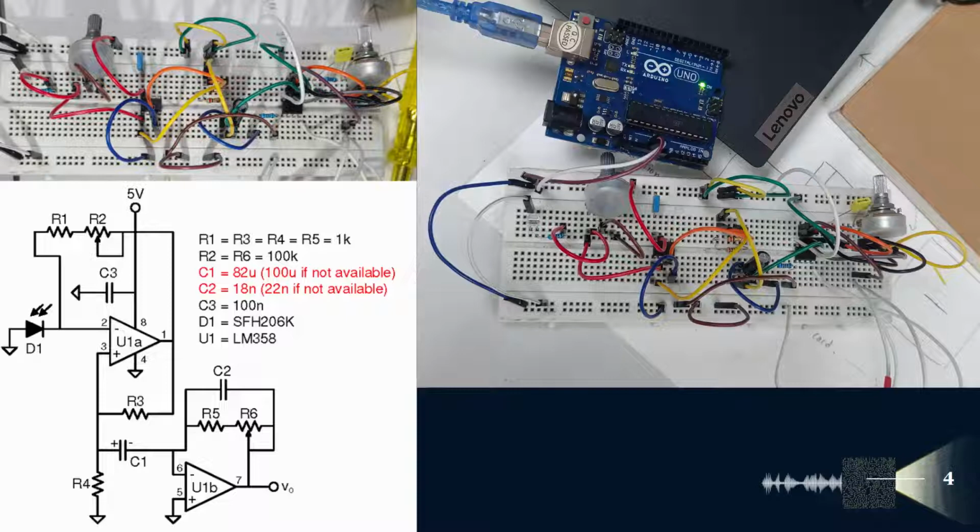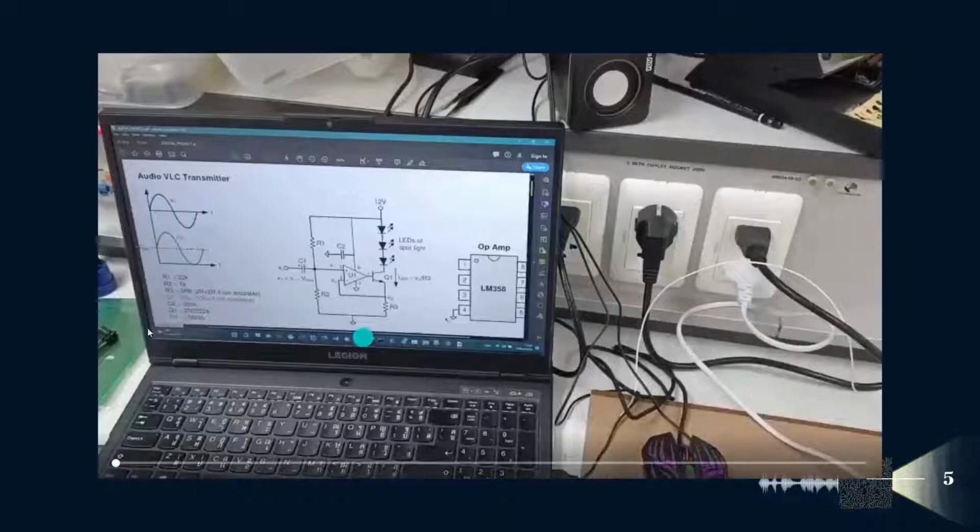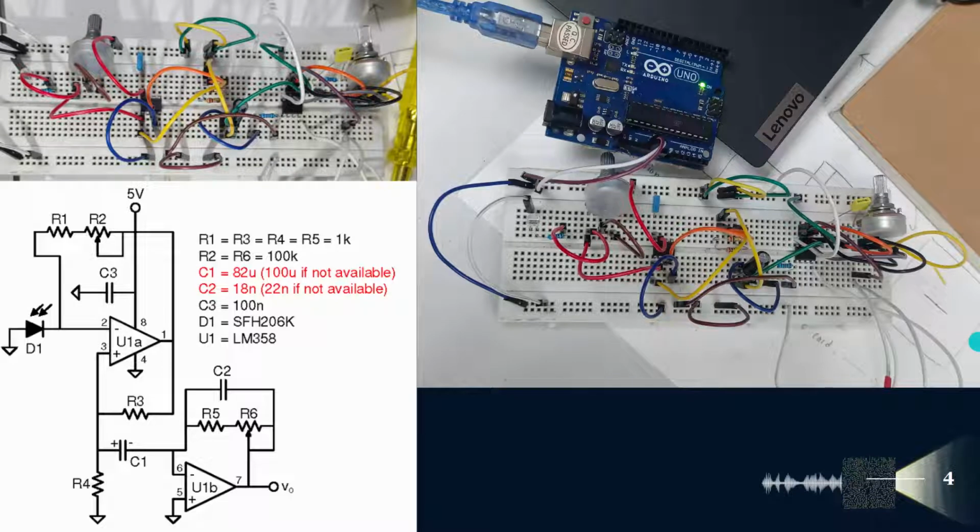In case the value of the internal capacitance of the op-amp is not available in its datasheet, it is prudent to set Cin equal to twice the value of the photodiode's capacitance. GBW stands for gain bandwidth product and is provided in the datasheet of the op-amp as well. For the LM358, it is equal to 0.7 megahertz.